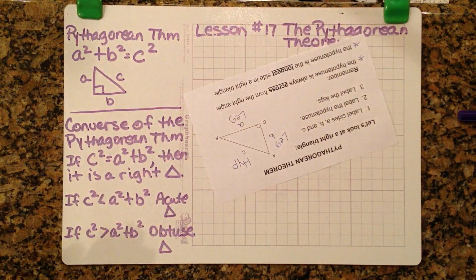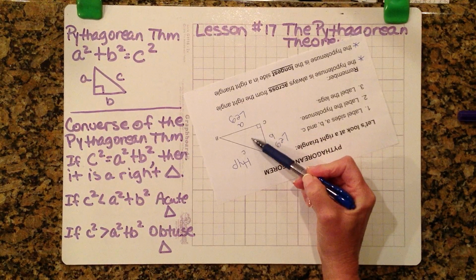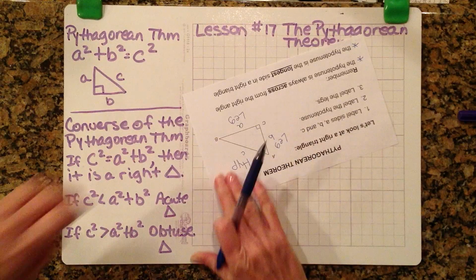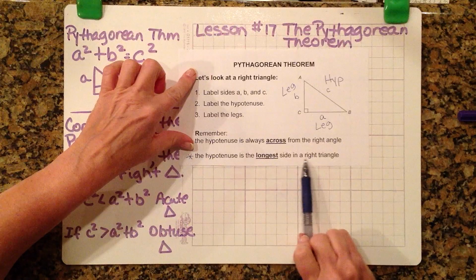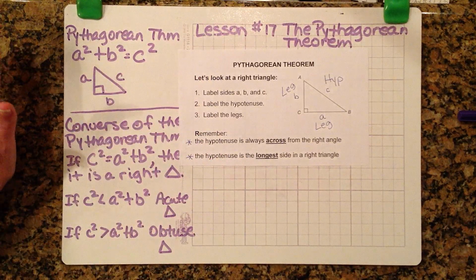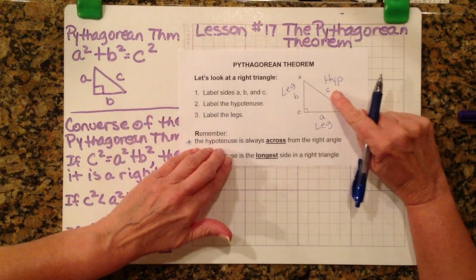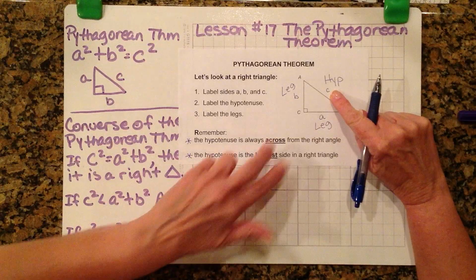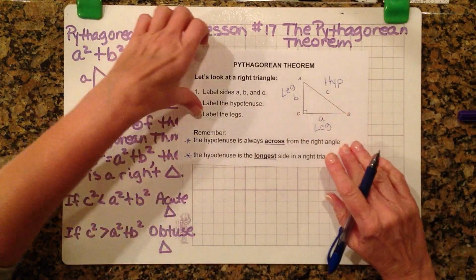It may not be just straight up front. So you can always locate it by looking opposite the right angle to find what the hypotenuse is. And the hypotenuse is the longest side of the right triangle. So if I give you three sides of a right triangle, the largest numerical value will always be your hypotenuse. And then the other two numerical values are going to be your legs right there.